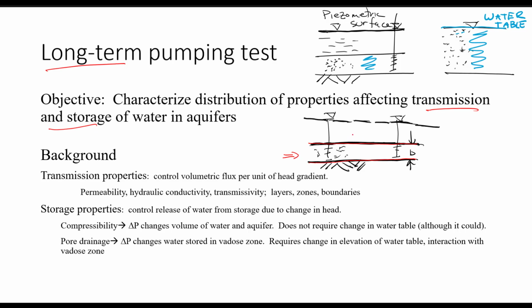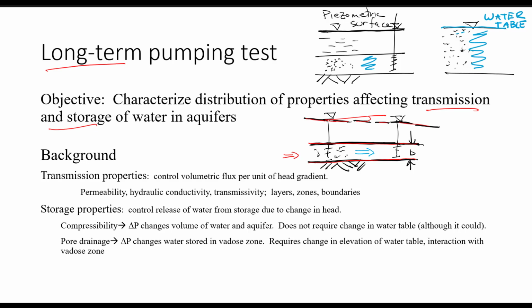This is a boundary here where we don't have any flow crossing that boundary. And we can see that there are two piezometers in this aquifer, and this is the piezometric surface up here.